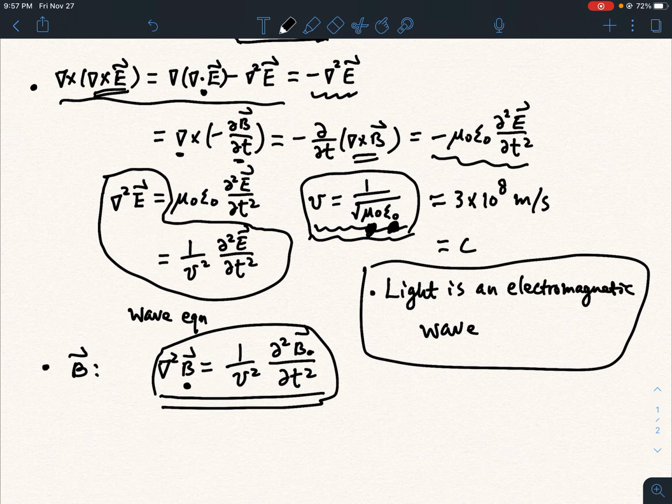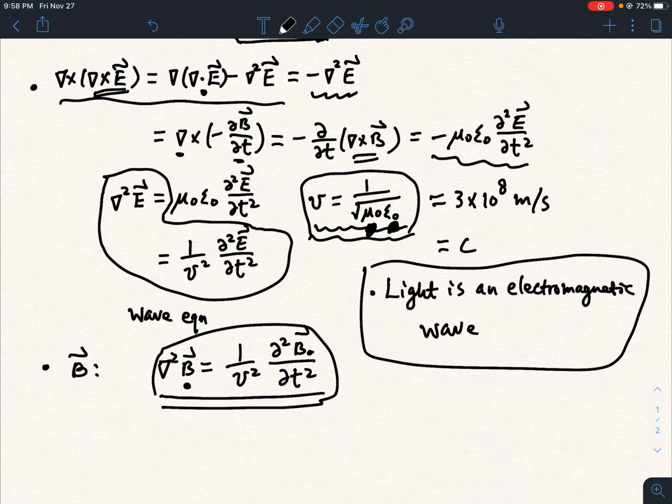So it's really because of Maxwell's introduction of the displacement current that we have the electromagnetic theory of light. This is a very important prediction from Maxwell's equations.